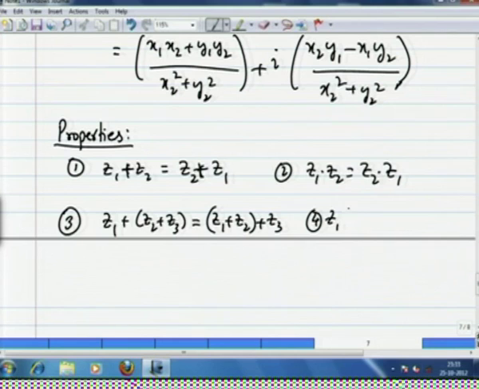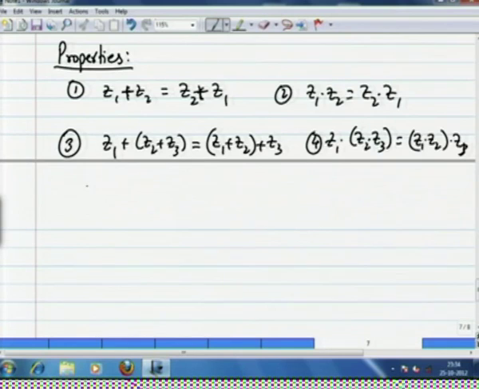If you multiply z2 and z3 first and then multiply z1 to it, it gives the same result as multiplying z1 and z2 first and then multiplying z3. So, these 3 and 4 are called associative properties for addition and multiplication respectively.